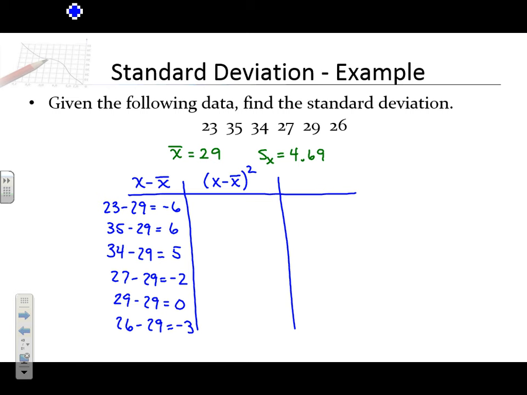Okay. So once I have my deviations, my second column is where I want to square them. So negative 6 squared is 36. 6 squared is 36. 25, 4, 0, 9. Okay. So now we've taken our deviations, we've squared them. What do I need to do with these squared deviations? What did the formula say? Add them all up. So at the bottom of the column here, I want to add up all of these squared deviations.